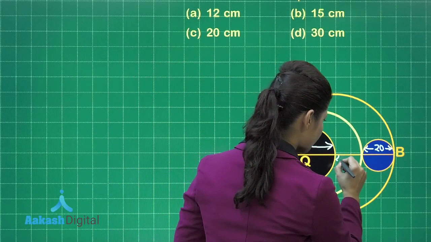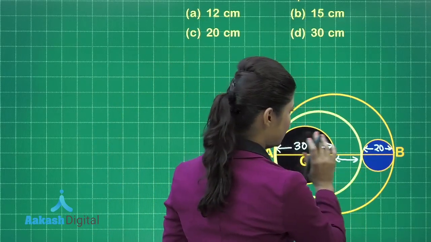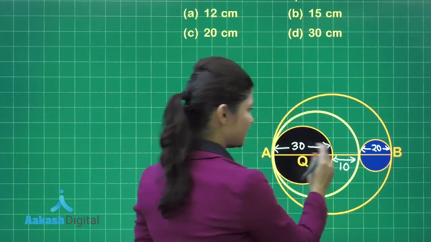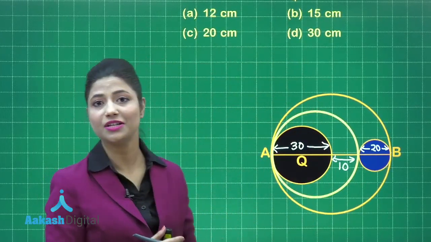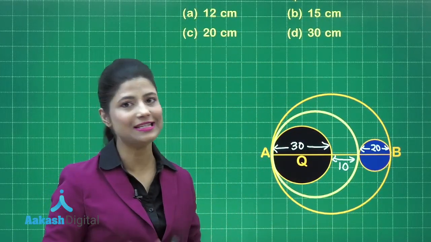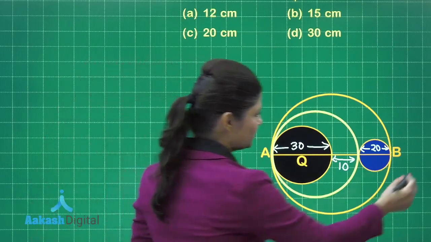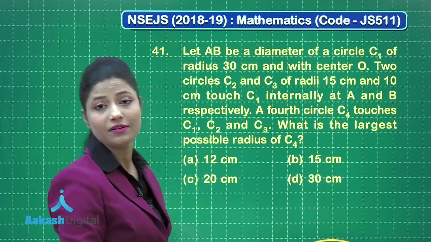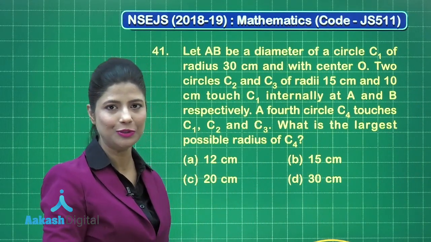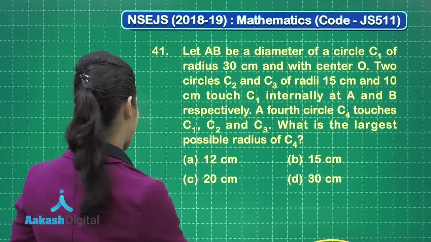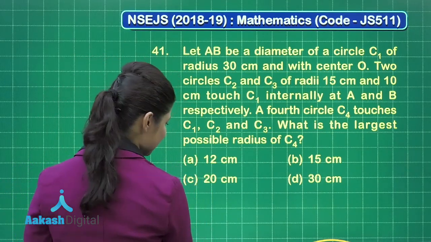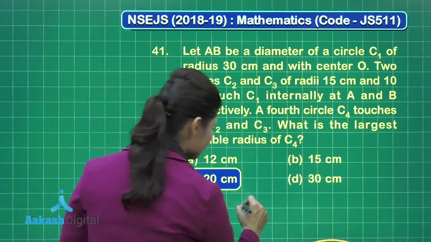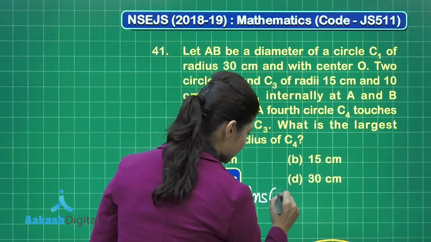So this remaining portion is left out as 10, 50 being subtracted from 60. This gives me the diameter of this largest possible circle as 40 cm. So according to the four options provided here, if the diameter is 40 cm, its radius will be equal to 20 cm. So out of these four options, you can clearly see that your answer for this question is option C. You can mark here the answer is C.